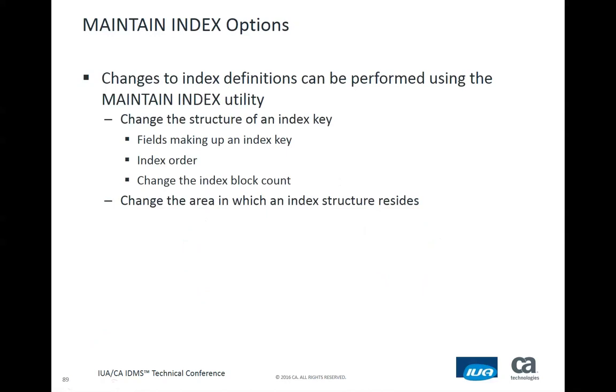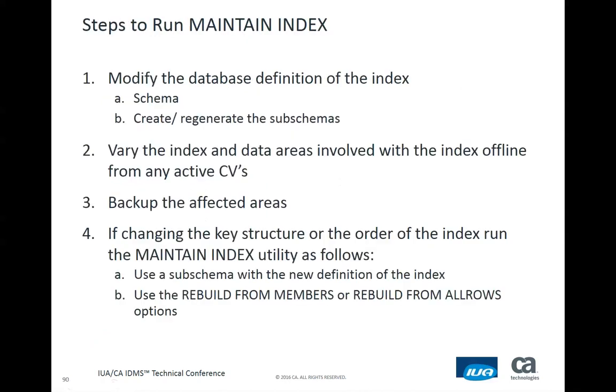So you may have decided that the initial calculations of that value may not be ideal, may be too large or too small, so it can be changed once again using maintain index. And then finally, you can also change the area in which an index structure resides. So we're going to look at the procedures for running maintain index for each of these various types of changes.